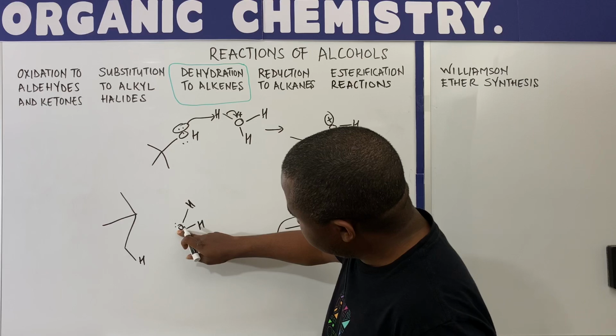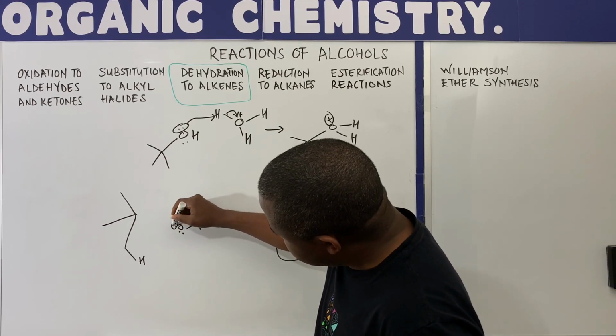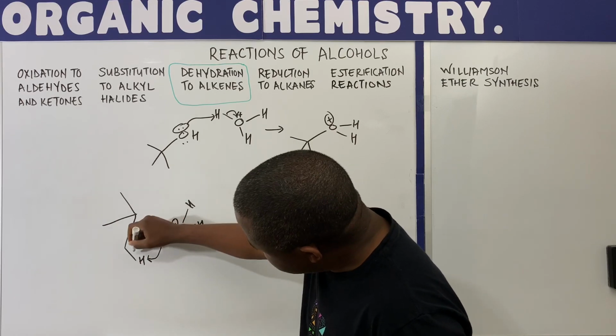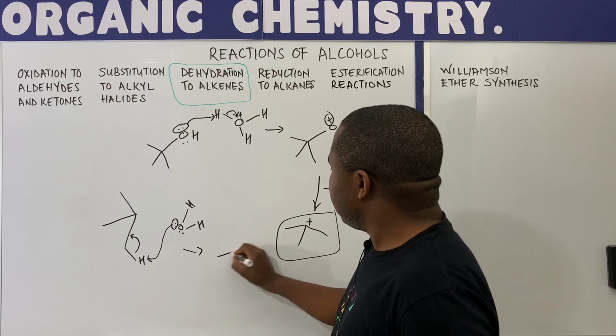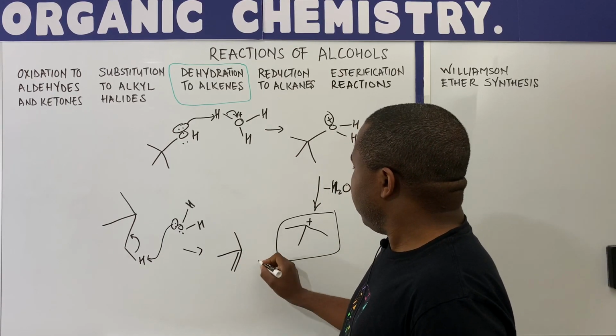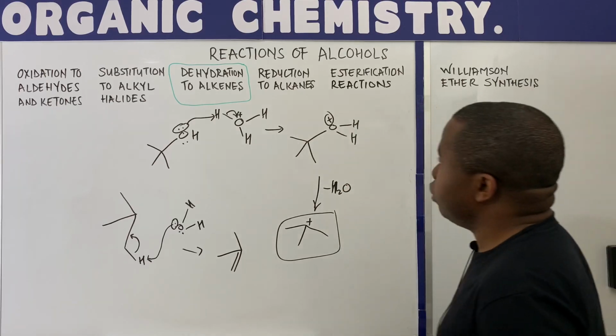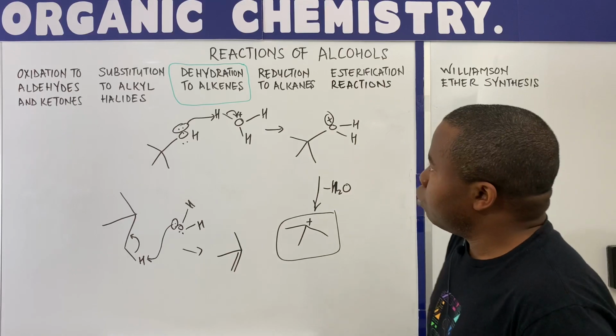We are using water, but this reaction is happening in acidic condition. So it's going to pick this proton, and then this is going to go like this. So we form the elimination products, and that is our final product. So that's how we can dehydrate alcohols to alkenes.